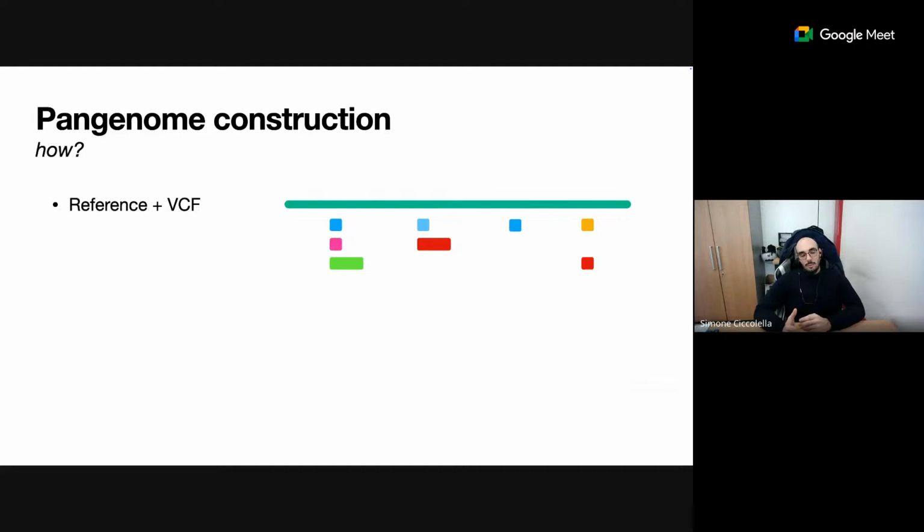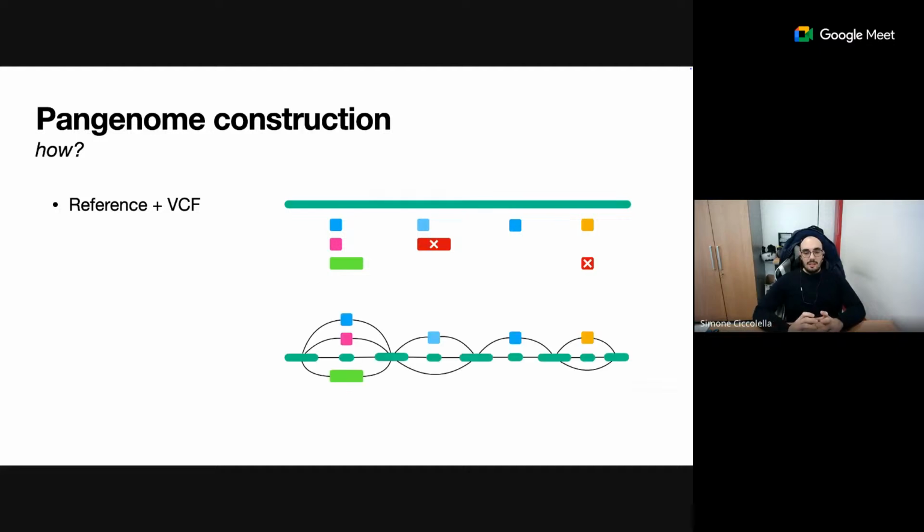One of the first ways, and some tools still use this method, is to use a reference plus a VCF file. So basically we would have, in this case, a reference represented by this line, and then we have different variations, okay? And for example, in this case, this red one would be considered a deletion, okay?